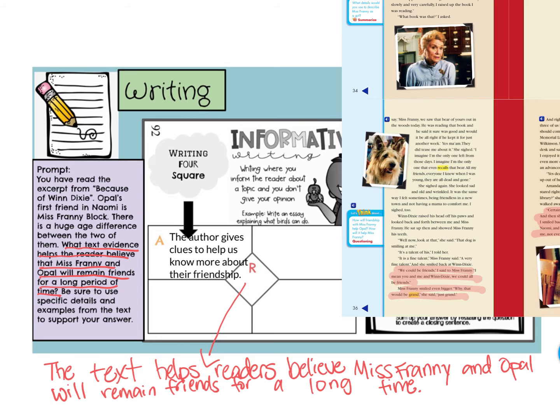And now my A. The author gives clues to help us know more about their friendship. And you might already make a prediction that when we move to the C tomorrow, we will actually write those words straight from the text to help our writing make more sense on how the author tells us they will be friends for a long time.